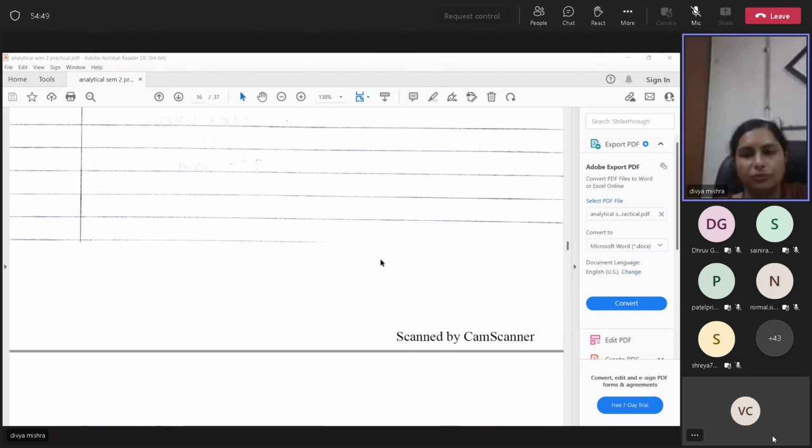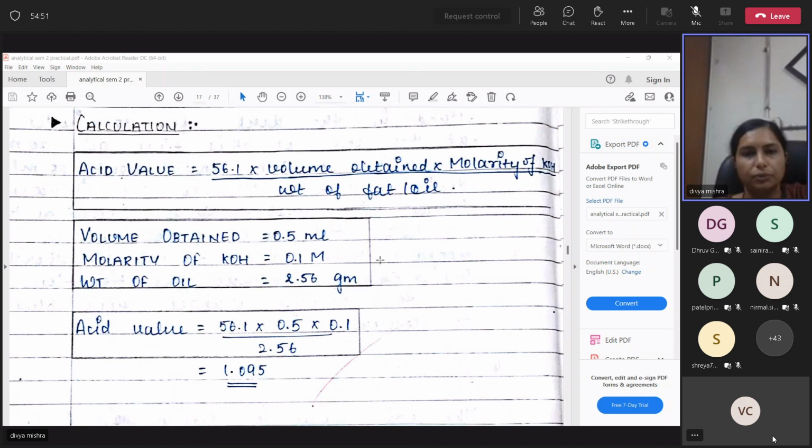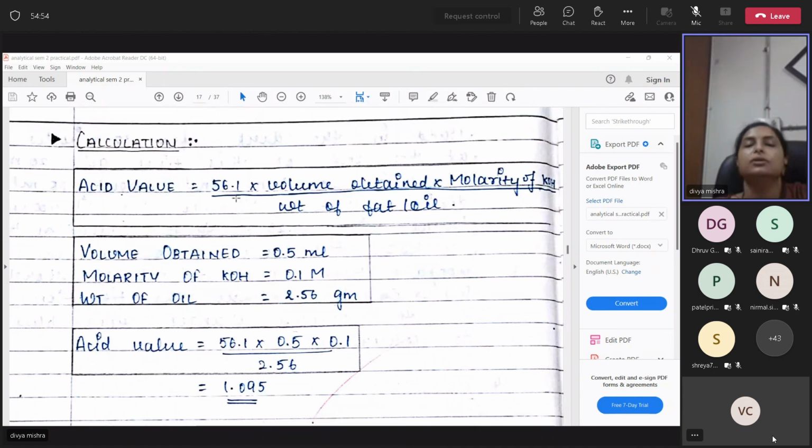Now let's move towards the calculation part quickly. This is the molecular weight of the KOH we are using for titration. This is the volume obtained after titration, multiplied by the molarity of KOH used. Here it is 0.1, and the volume we have obtained is 0.5 ml.